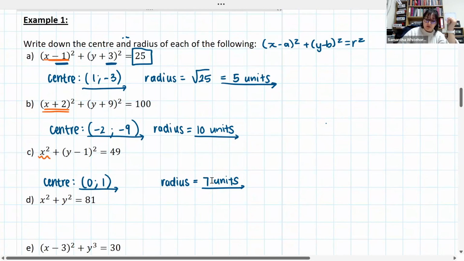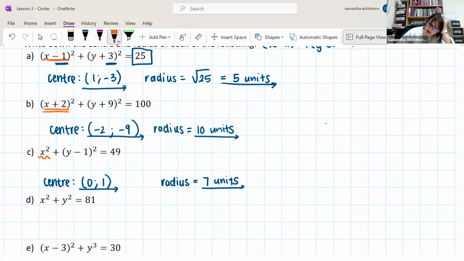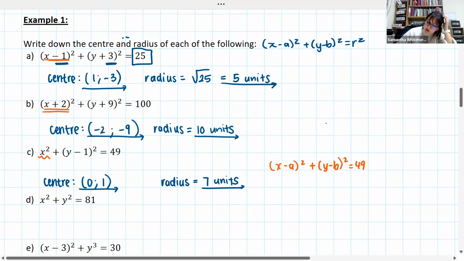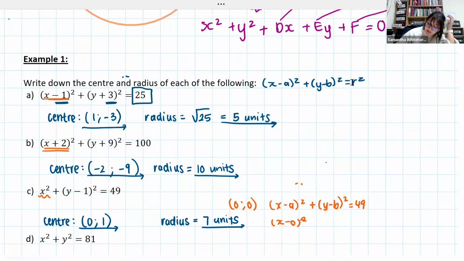Actually, let's get into it now. If you think of what this means, if we had our (x minus a) squared plus (y minus b) squared, and we already know the radius squared is 49. If I told you the center was at the origin, and you substituted that in, it would be (x minus 0) squared plus (y minus 0) squared equals 49.